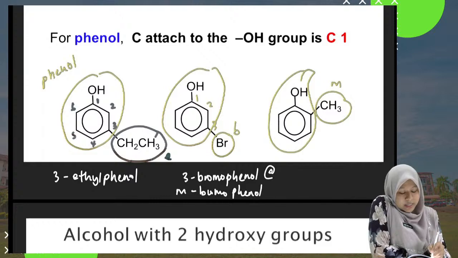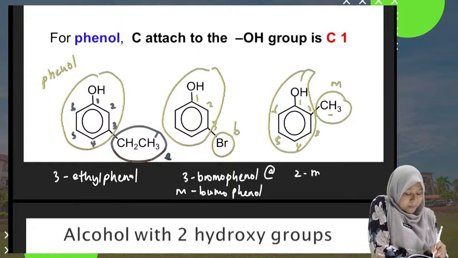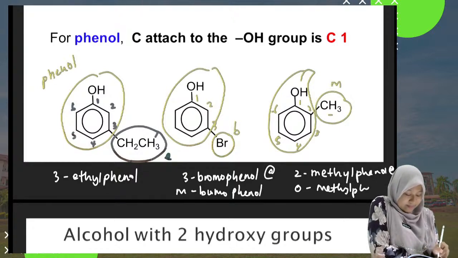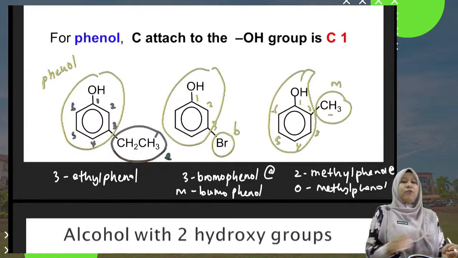Okay, so the numbering starts with OH, and the second one clockwise, CH3 as carbon number 2, then 3, 4, 5 and 6. Okay, so this compound we call 2-methylphenol, or we can say ortho-methylphenol. Okay, this one is for phenol.